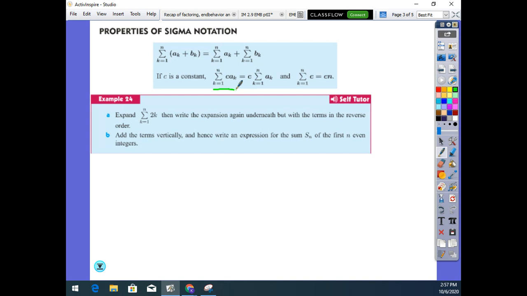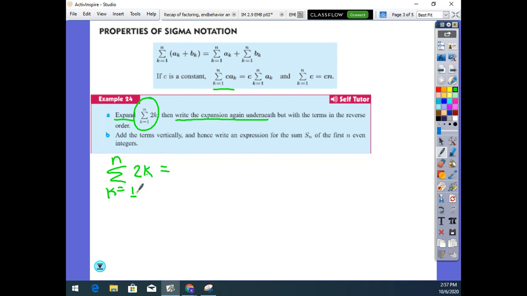All right. So they give us a general pattern, the sum from 1 to n of 2k. Write the expansion, or expand. We start with 1.